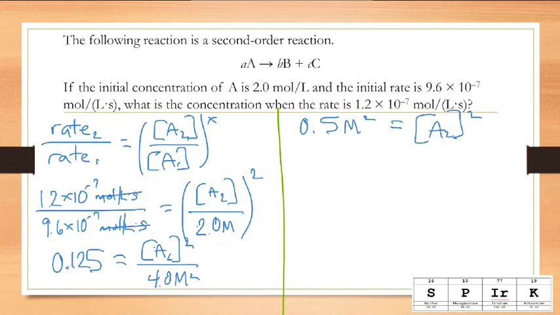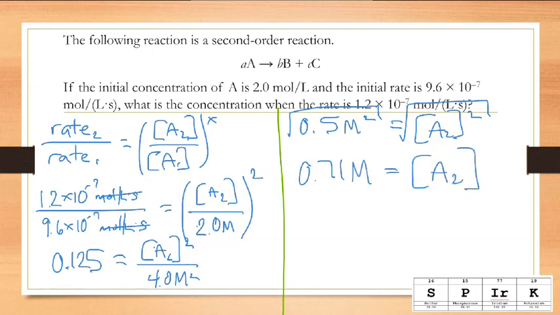Well, we don't want the concentration of A squared, we just want the concentration of A. So we can take the square root of both sides, because whatever we do to one side, we have to do to the other. So we end up with 0.71 molar, and that is the concentration of A in the second reaction. So again, I know this seems like a lot of math, but we will work through it and we will nail this down.